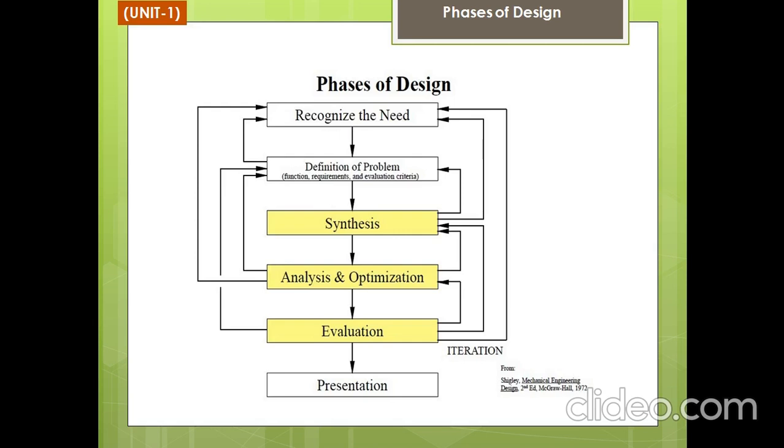So for this product, whether steel is suitable or aluminium is suitable, that comes under the heading optimization, because both materials, aluminium and steel, are capable to bear the 200 megapascal stress.